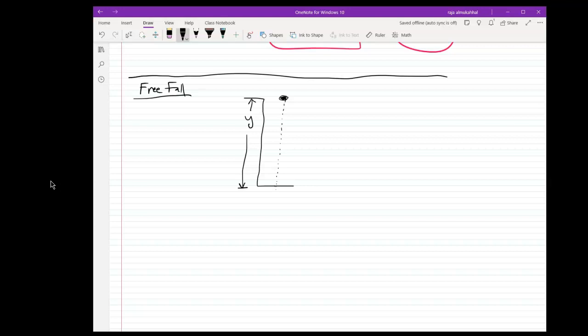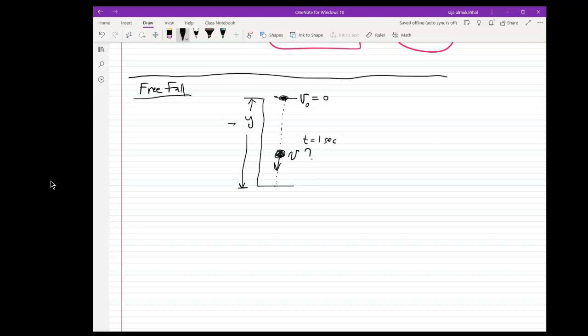Suppose we know the initial height y of the object, and the initial velocity is 0, because I'm holding it between my fingers and then I let go. Suppose I ask what the speed of the object is as it falls at, say, 1 second or 2 seconds.